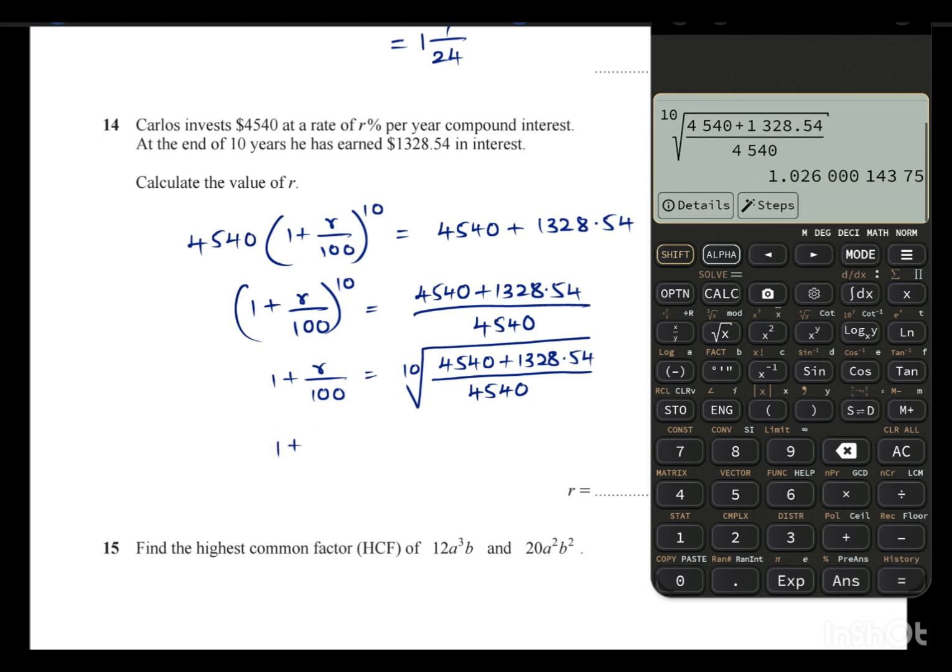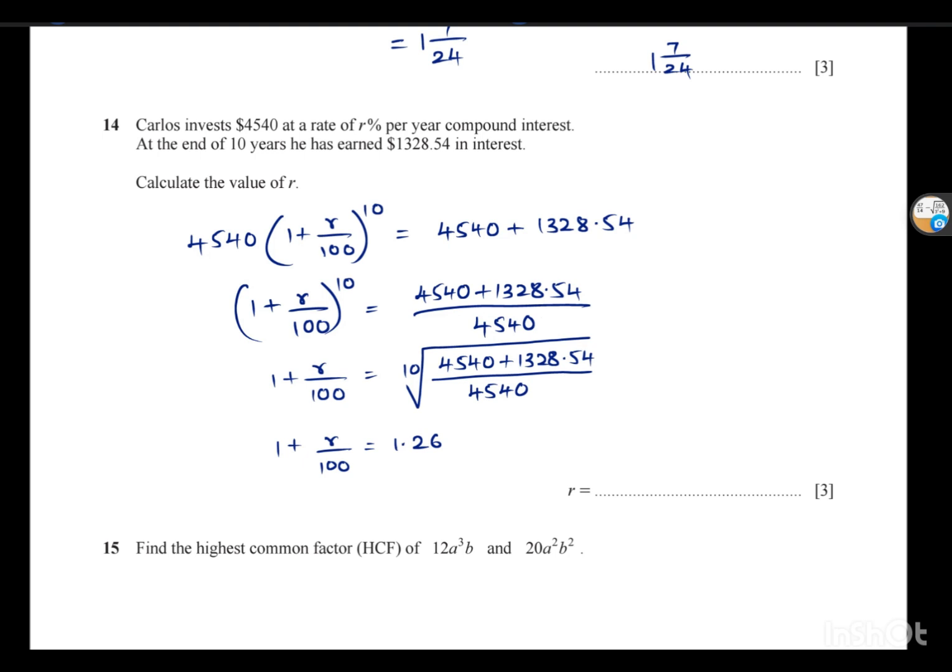So here 1 plus r by 100 we got as 1.26. Bring 1 to the right side. So r by 100 will be 1.26 minus 1. This gives you r by 100 is equal to 0.26. If I subtract 1 from 1.26, I will be left with 0.26.